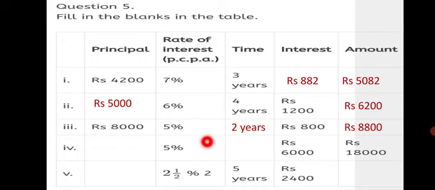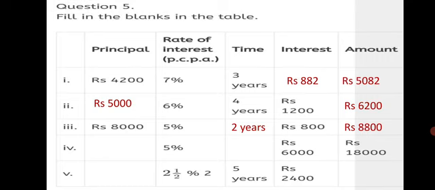But using the amount formula, which is already given, we can find the principal, because amount is equal to principal plus interest. Interest is already there, amount is also there. Only principal is not here. So we can find the principal using the amount formula first.